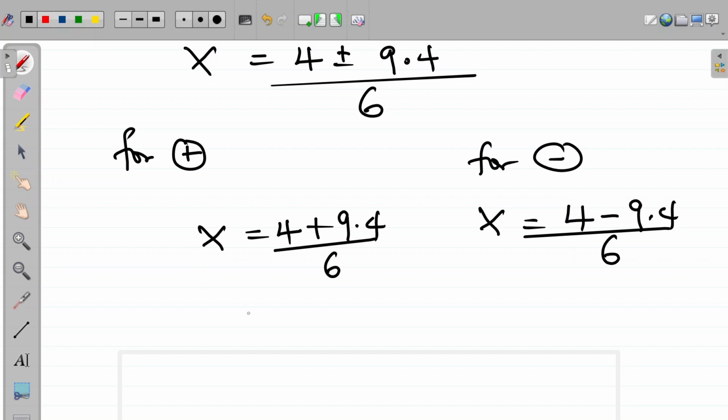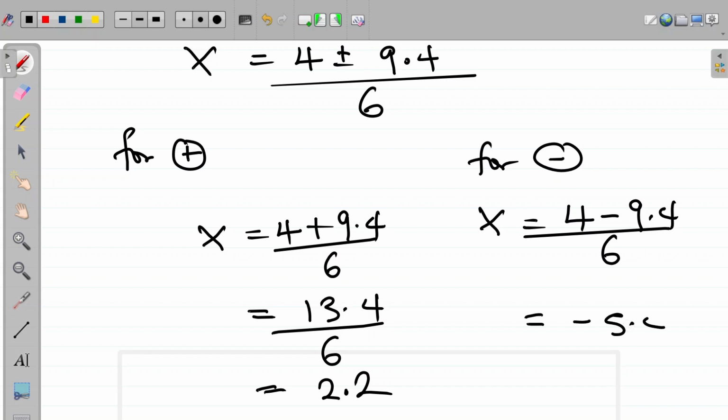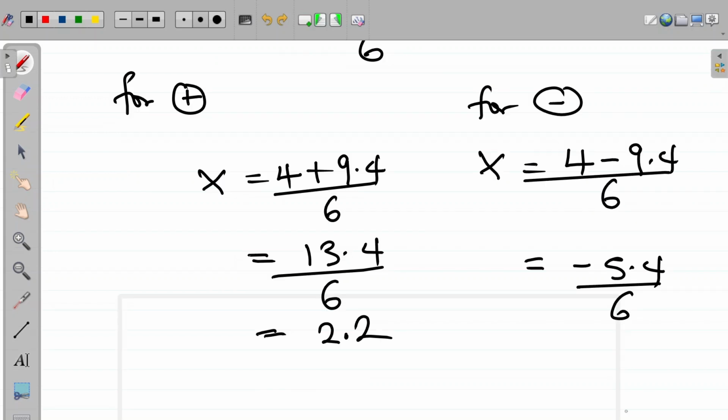If we simplify, this is equal to 13.4 divided by 6, which is equal to 2.2. Also, this gives us minus 5.4 divided by 6, which is equal to minus 0.9. Thus, we have been able to solve the equation using the quadratic formula.